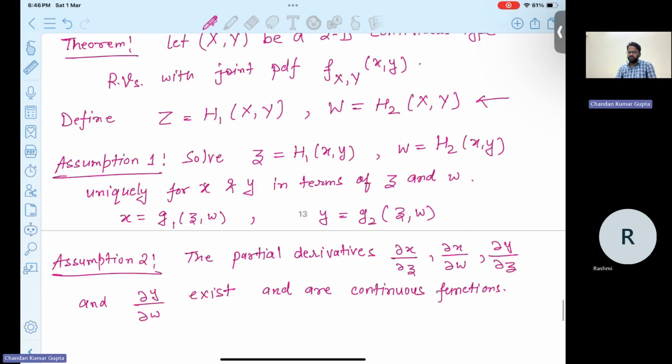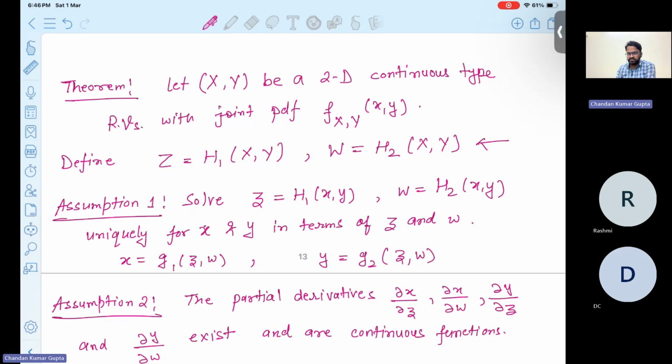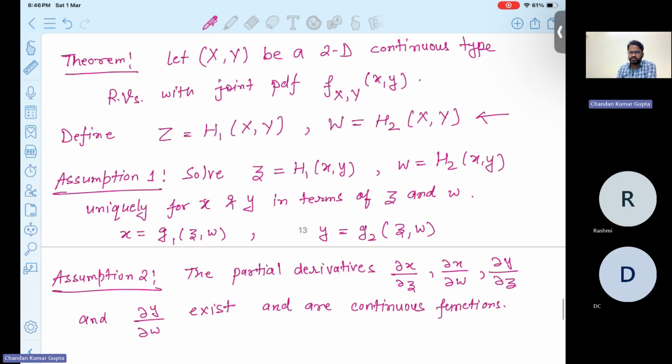So suppose we have x and y, a two-dimensional continuous type random variable, and we need to find the distribution of the transformed random variables z and w, which are functions of x and y only.